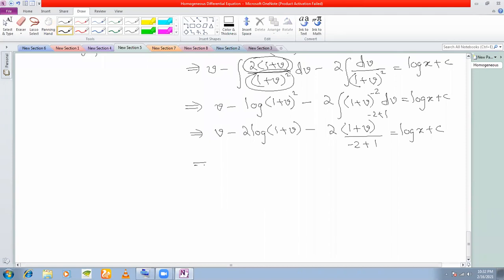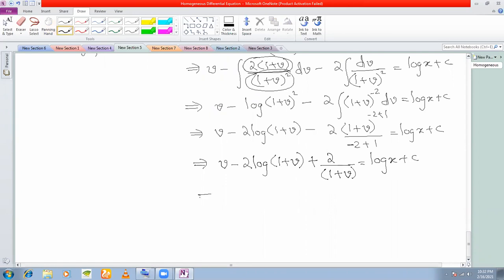So that means we have v minus twice log 1 plus v. See, this minus and minus combined to become a plus 2, and 1 plus v to the power of minus 1 can be written as 1 plus v, is equal to log x plus c.